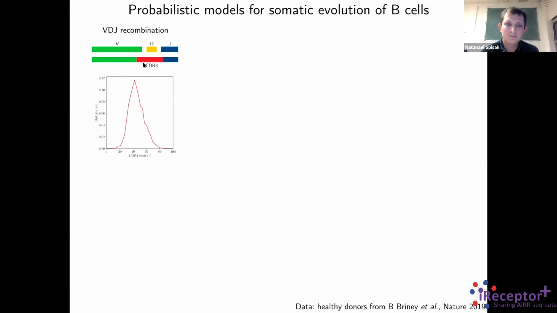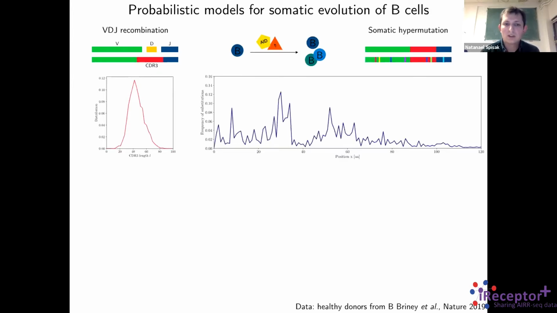In particular, the combination junctions that find themselves in the complementarity determining region, CDR3 for short, are to a large extent responsible for the specificity of a given receptor or antibody.